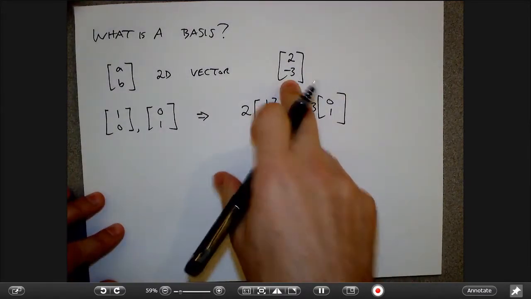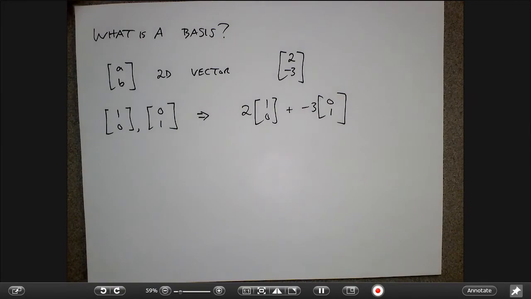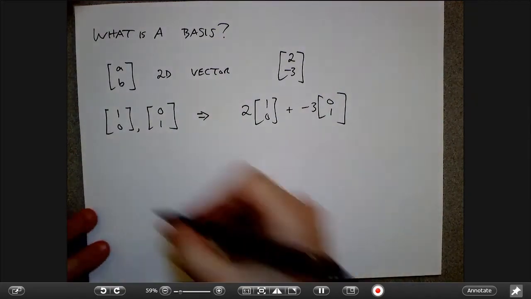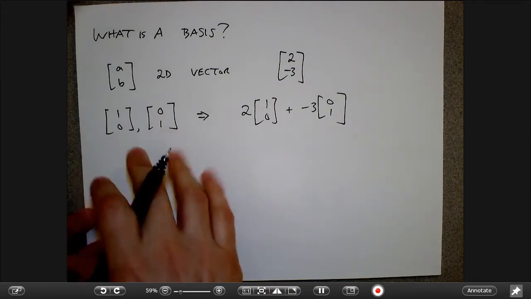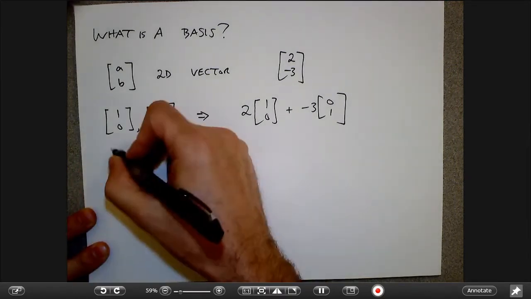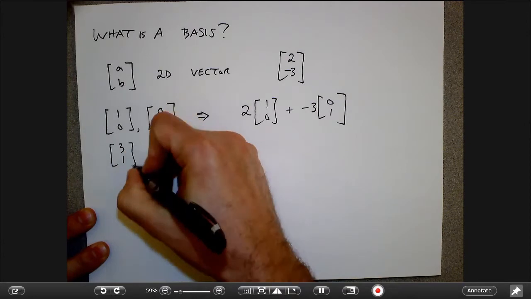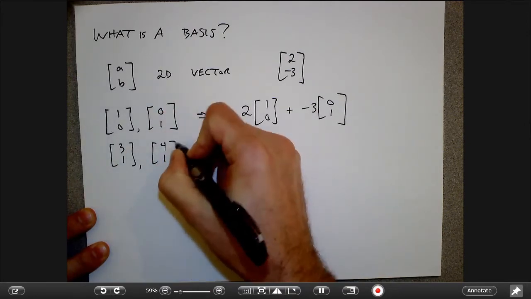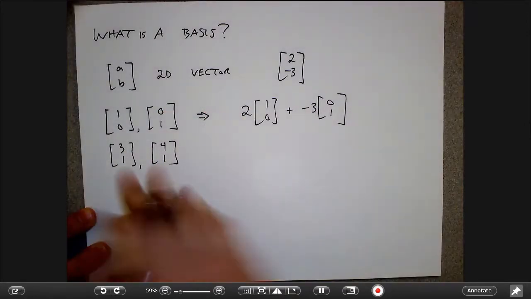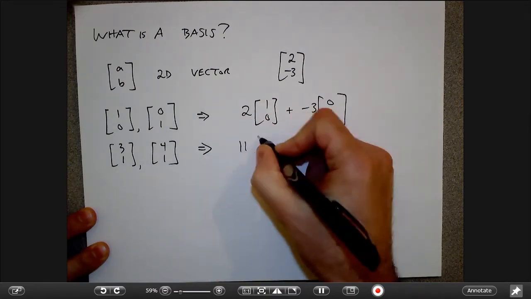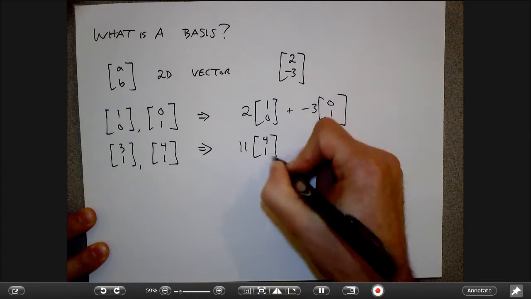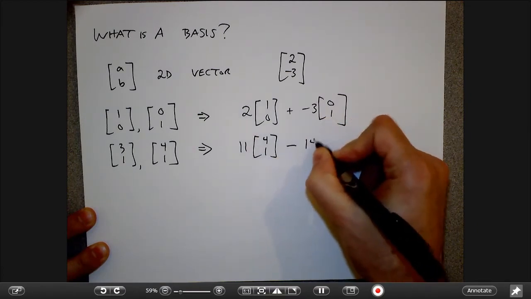In some sense, by putting the signal in these brackets, I've already represented it implicitly by that basis. But I could choose any two other vectors that are linearly independent to represent the same signal. Suppose I chose these two vectors instead. I can solve a linear system to figure out that this 2, minus 3 can be represented like this.